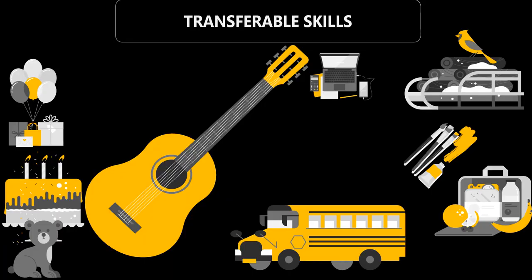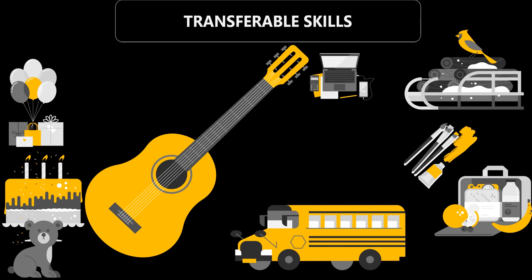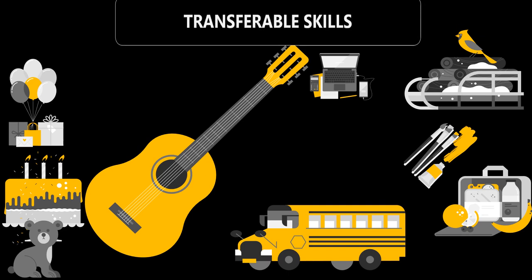This brings me to one important skill: transferable skills. Transferable skills allow you to show that you can do the job even if you are not the perfect match for the job description. Therefore, the more relevant skills you have, the more likely you will land the job.